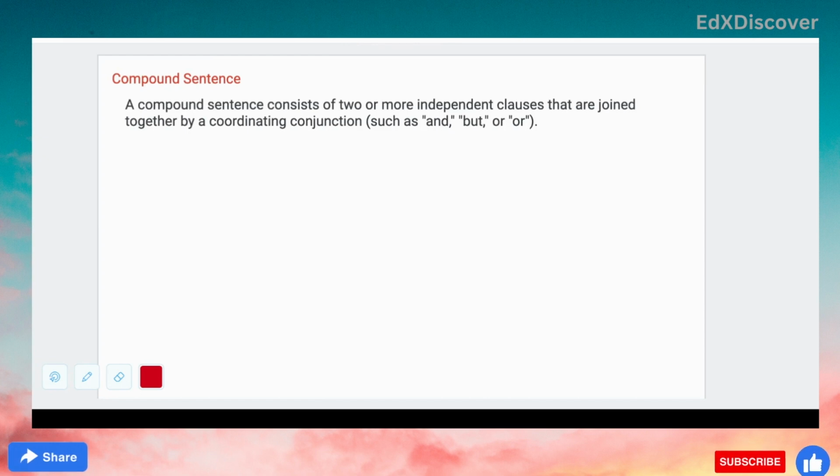These coordinating conjunctions are used to connect words, phrases, and clauses of equal importance and grammatical structure. And they can be used in a variety of places in a sentence.